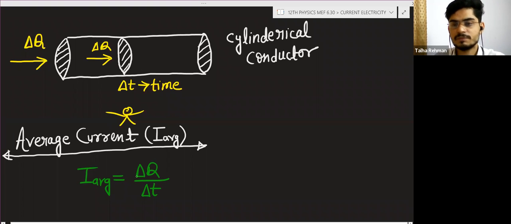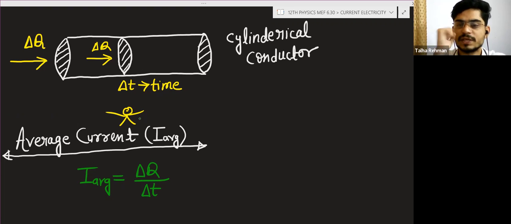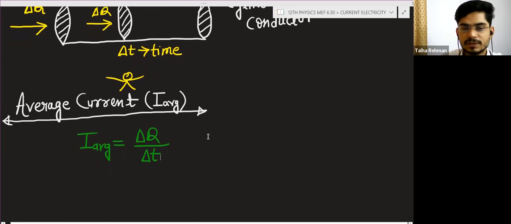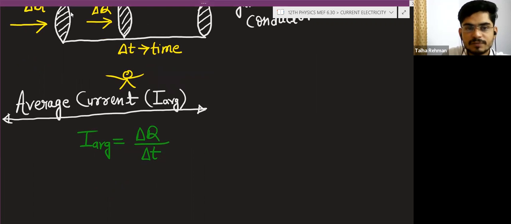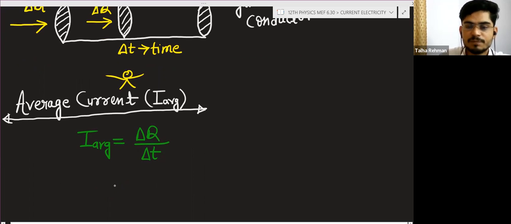And now if someone asks you to calculate the current at t is equal to 1 second, meaning at a point of time, then if you want to calculate things at a particular point of time, we have to use the instantaneous value.